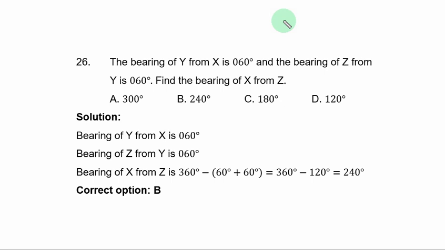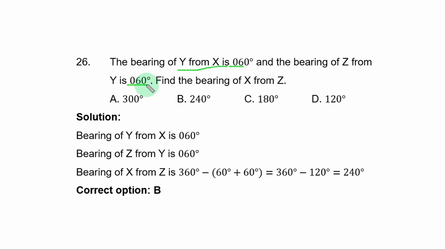Question 26. The bearing of Y from S is 060 degrees and the bearing of Z from Y is 060 degrees.